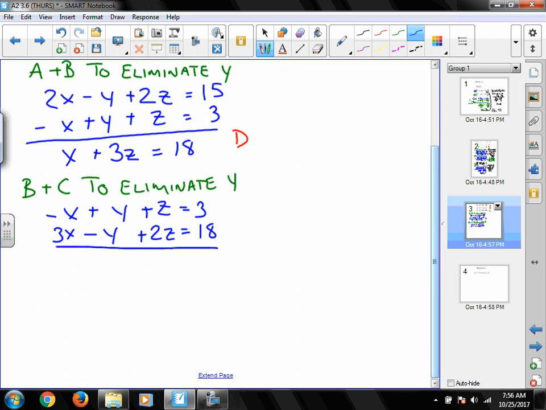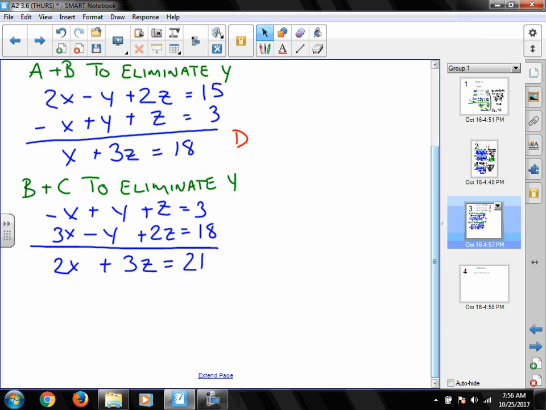Add these up right away. I get negative x plus 3x is going to leave me with 2x. Y's are gone. My z's, z plus 2z, is going to leave me with 3z. And 3 and 18 add to 21. Again, I'm going to call that equation E. You guys can really call these equations whatever you want. I just think letters are a little easier to work with than anything else.